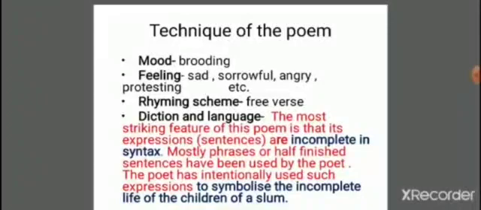Mood of the poet is usually brooding throughout the poem. His feeling begins with very sad and sorrowful feelings.